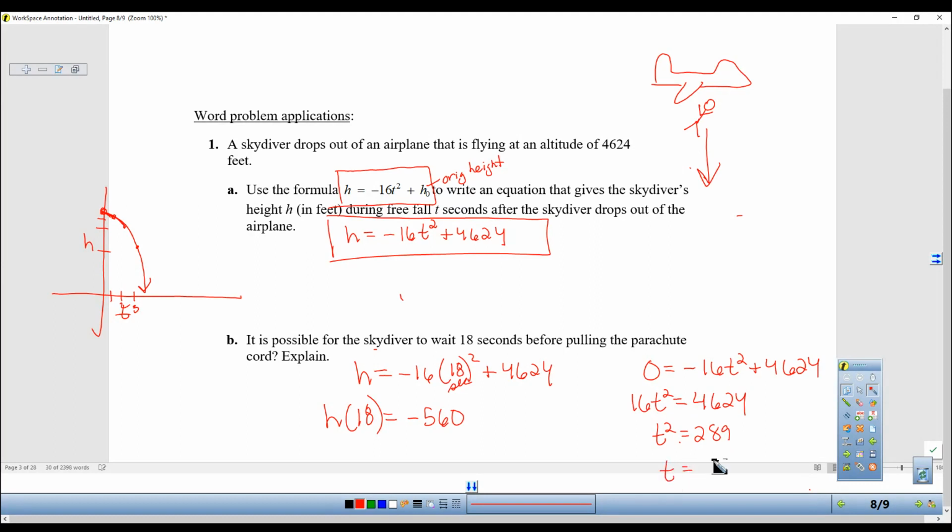Now, normally I've been making a big deal about the whole plus or minus, but our domain is t is greater than 0, so I don't need the minus, okay? It's just going to be t is plus 17. So he actually hits it at 17 seconds. So after 17 seconds, it's too late.